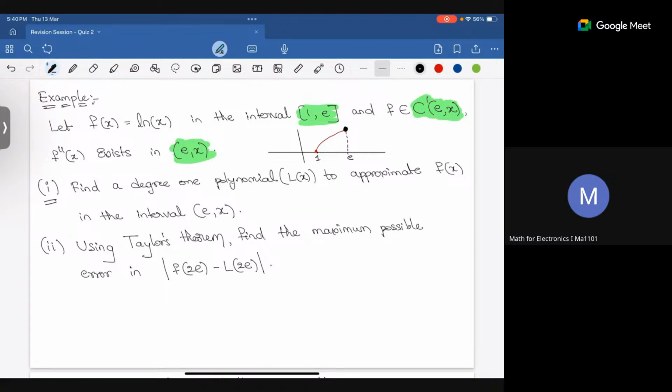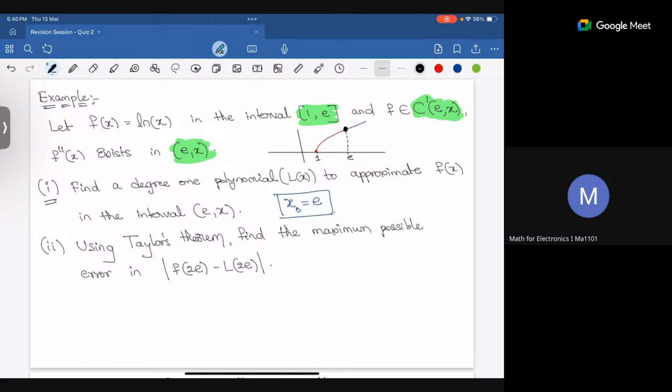You are here. And how are we going to approximate? We are going to do a linear approximation. So x naught is e, and we have to get a linear approximation around the point e.